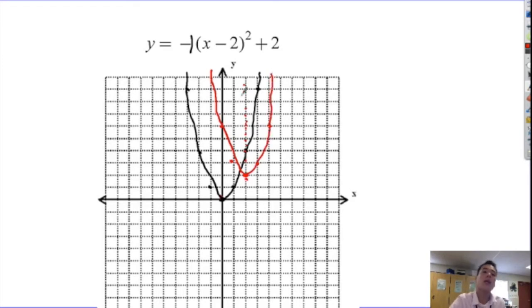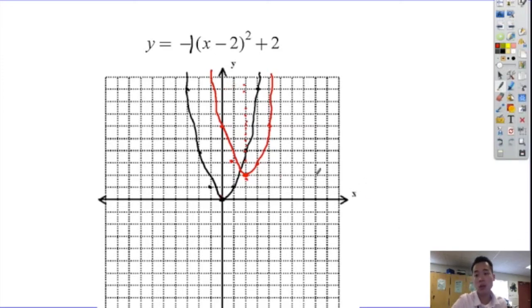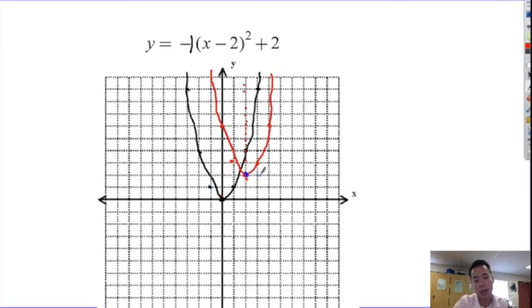But now we have this -1 here. Just like in the previous example, you're going to take this image and invert it or flip it over its vertex. So now I'm going to do it in blue. Same thing. It's going to start at 0, 0, and instead of going up over 1, you're going to go to the right and then down 1, over 2, and then down 4.